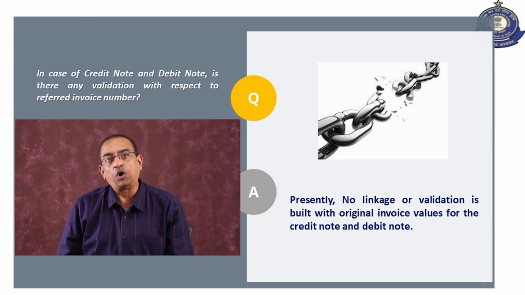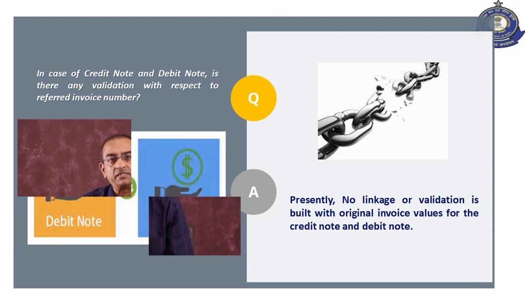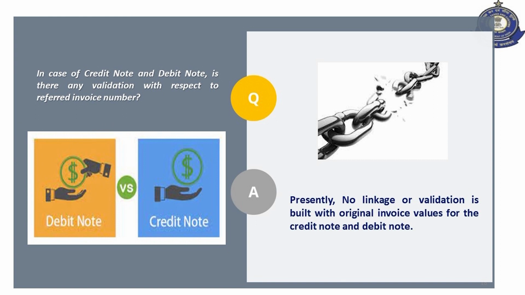The credit note or debit note can be issued in a consolidated manner covering any of the preceding financial years with reference to any number of tax invoices that was generated earlier.